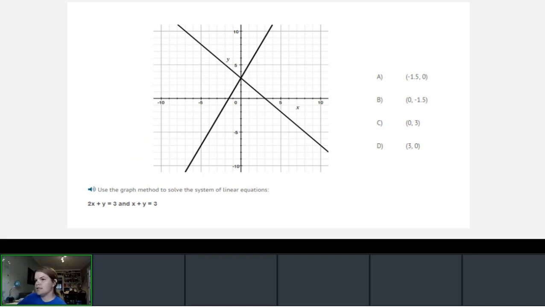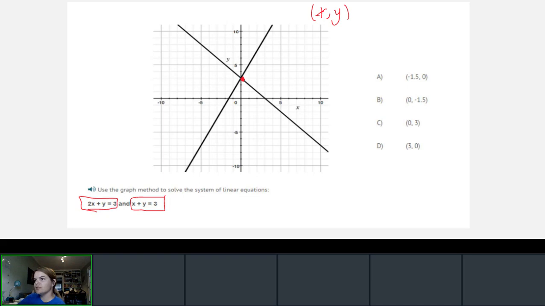Another way you might see it is use the graph method to solve the systems of equations. So they're going to give you 2 equations and ask you to graph. And the point where they intersect is going to be your solution. So in this case, remember we write our solutions as x comma y.